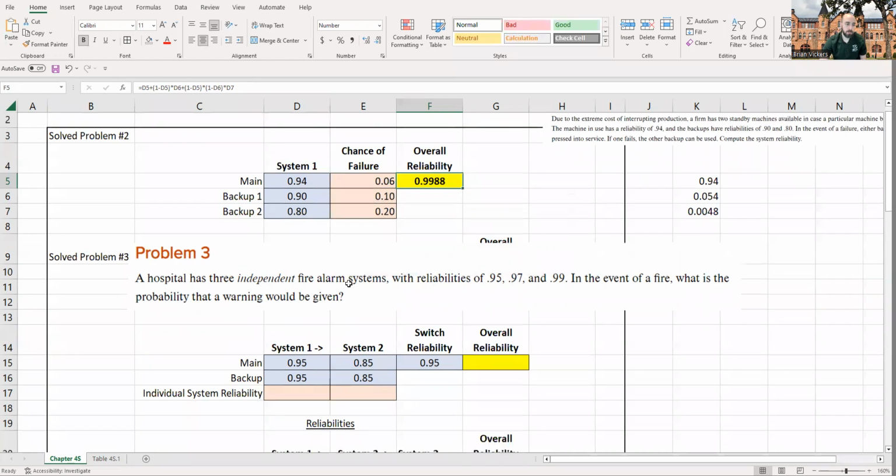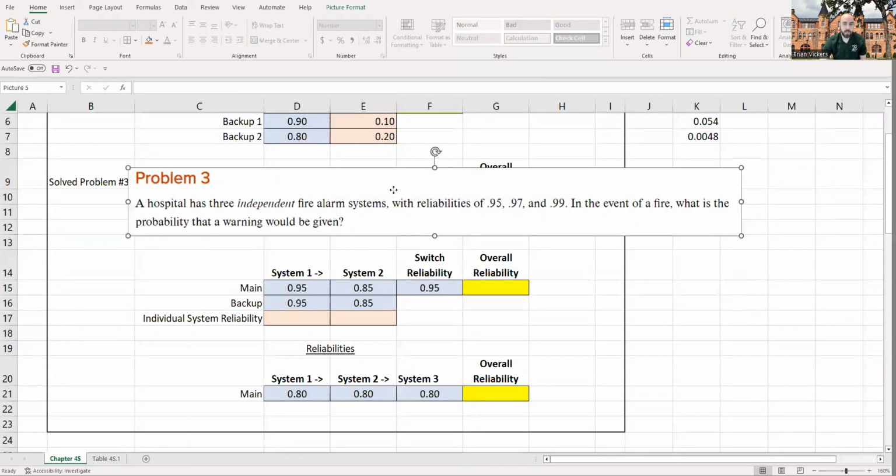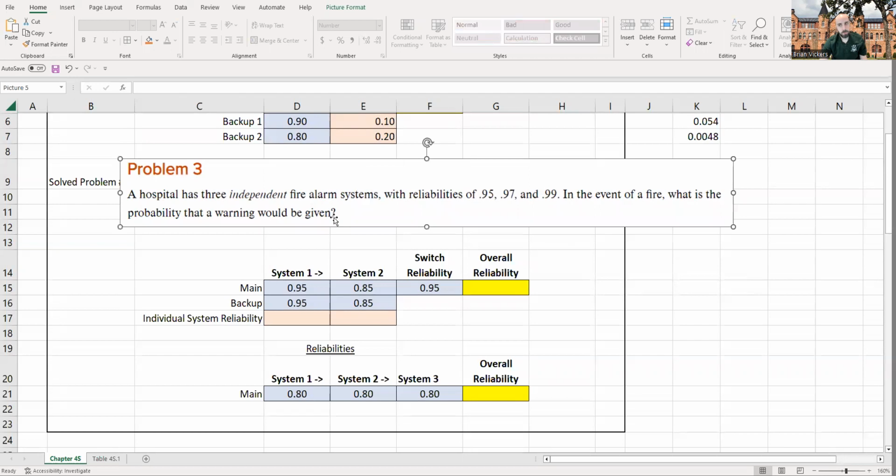All right, problem 3 is also a little bit different than our actual problems in that it's a little bit tricky, the setup. It doesn't read quite like you'd expect it to, but what's happened is that you've got 3 independent fire alarm systems. Basically, think of this as 3 different smoke detectors on the first floor of the house, right?